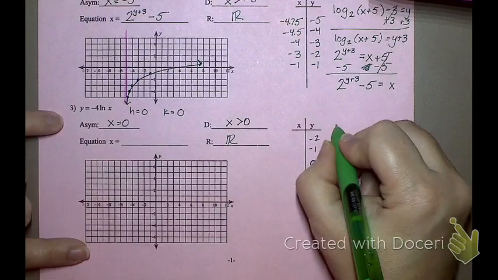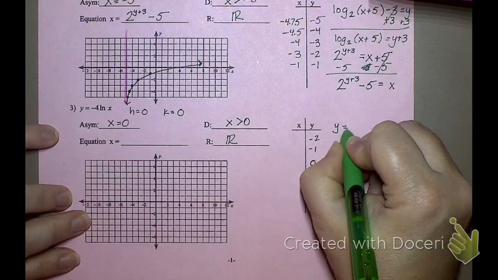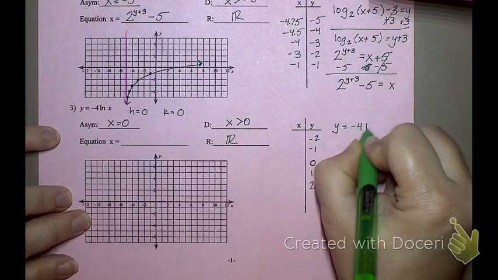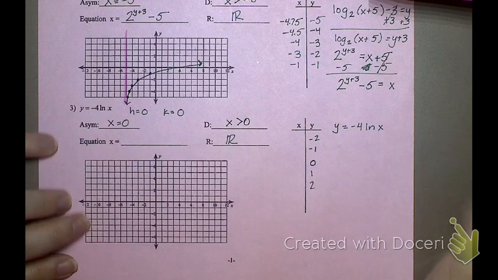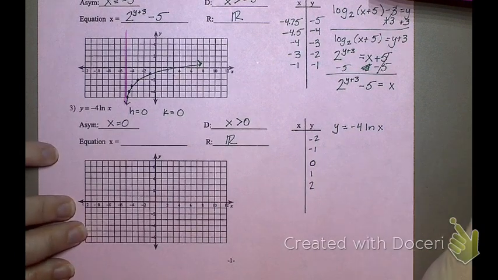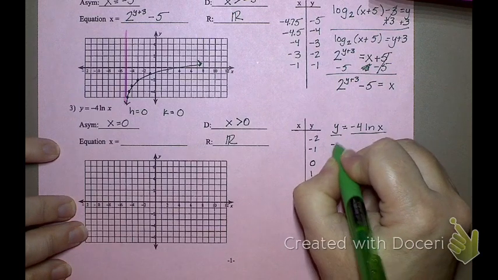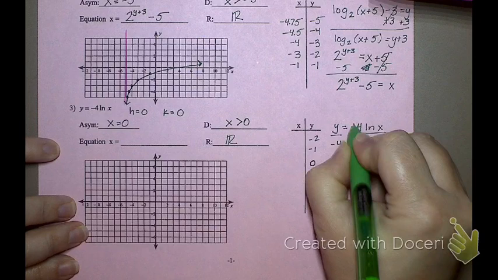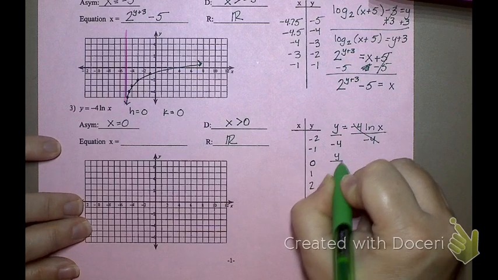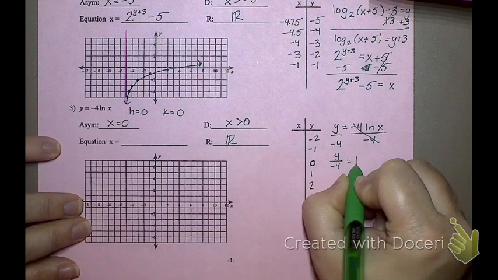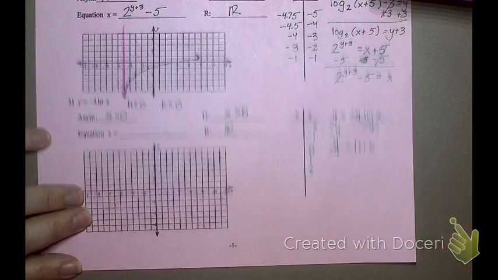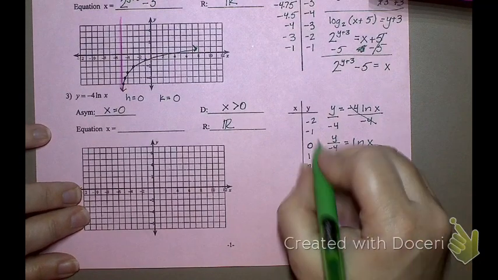And now let's do some rearranging. Y equals -4 natural log of x. What do I do first? Divide by -4. So I have y over -4 is equal to the natural log of x. I'm going to go to exponential form, but it's easiest if my log is on the left.